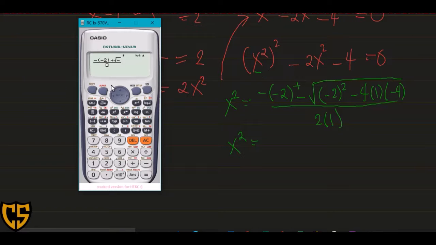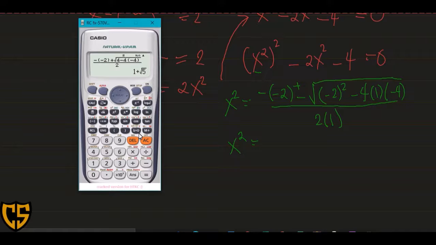Okay, so diretso na lang natin. That will be 4 na lang minus 4 times negative 4 divided by 2. So that will be 1 plus square root of 5. So pila na siya nga value? 1 plus square root of 5.